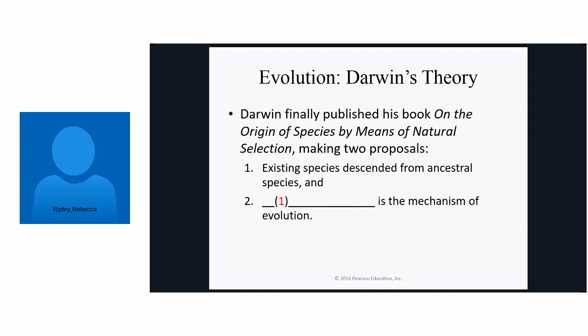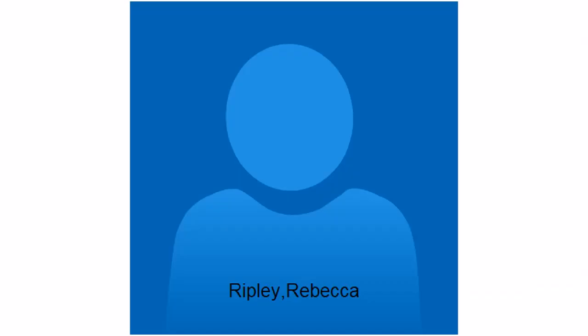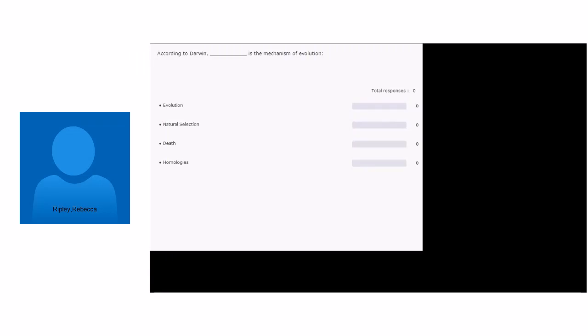If you're keen, page 247 does talk about how he feels that life evolves. Let me bring up a question. I know there's only a couple of you here. An example of a question could be: according to Darwin, blank is the mechanism of evolution.